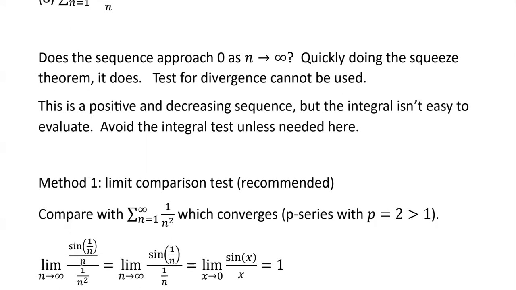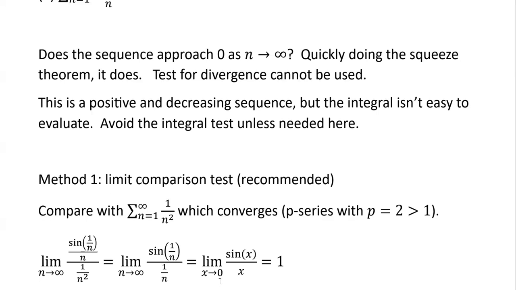So we take the limit as n goes to infinity of the original guy, divided by the one we want to compare with, 1 over n squared. So this is the same thing as sine of 1 over n divided by 1 over n. Okay, you could do L'Hopital's rule if you want. I just chose to do a change of variables. Let's make x equal 1 over n. So as n goes to infinity, 1 over n approaches what? 0, right?